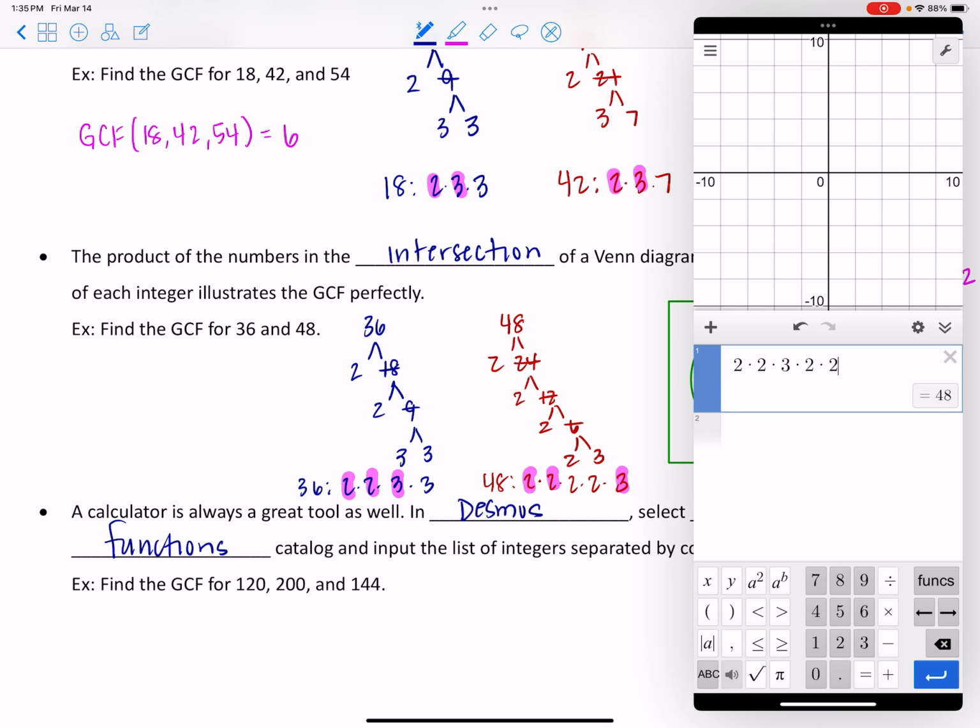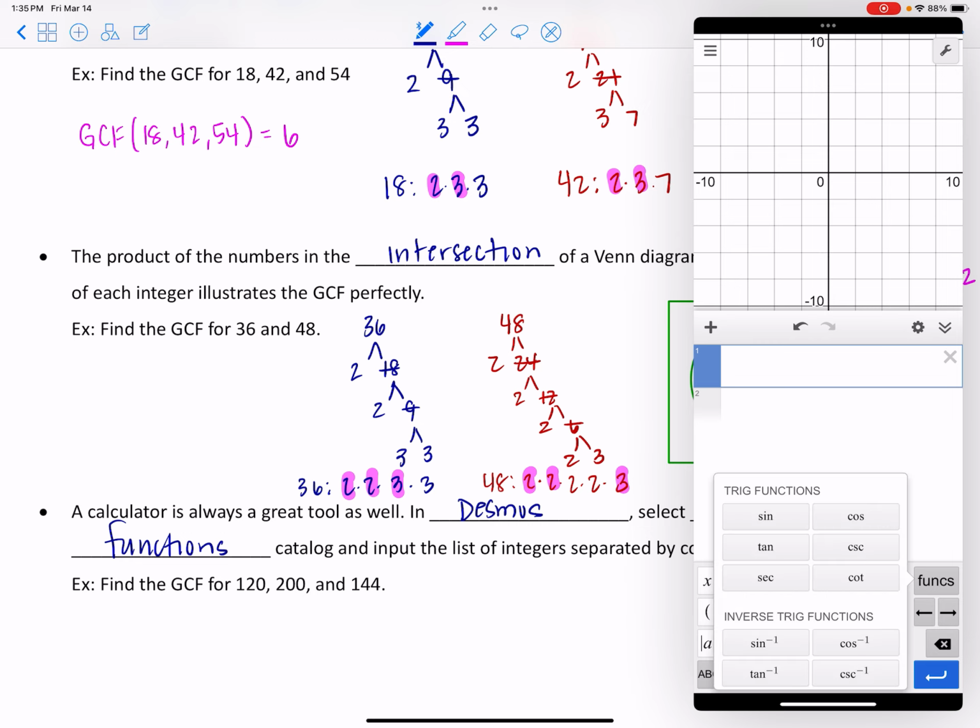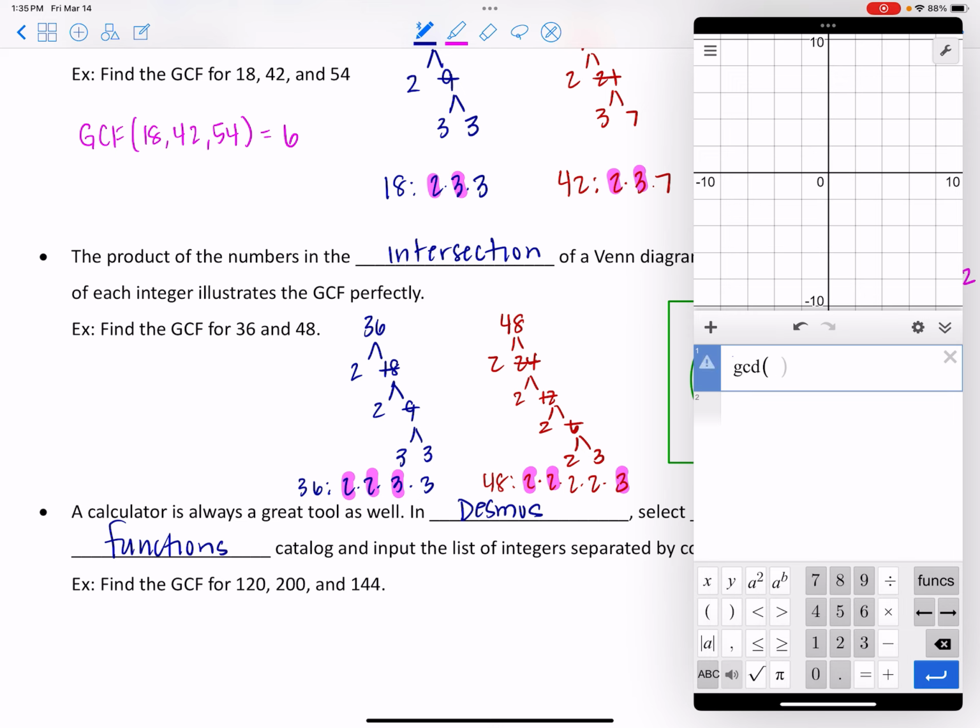So for example, if I want to find the greatest common factor or greatest common divisor for 120, 200, and 144, those bigger numbers, I know how to go through the process. I don't want to, if I have a calculator that can do it for me. So I'm going to go to my functions catalog here, scroll all the way to the bottom, and you're going to see GCD, and that's what we want, greatest common divisor, which is our greatest common factor.